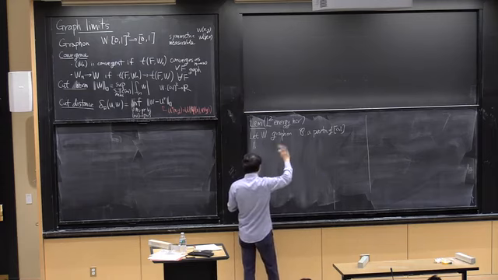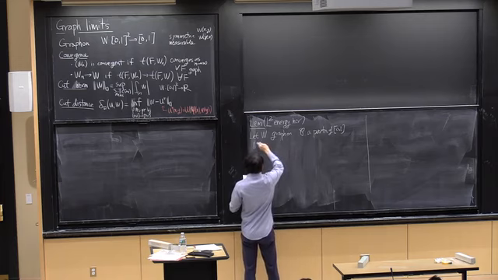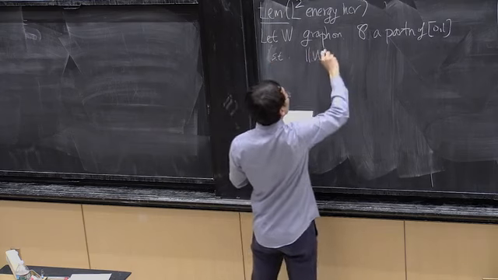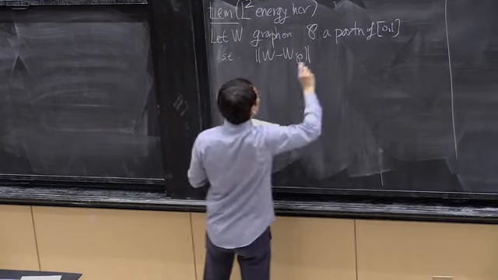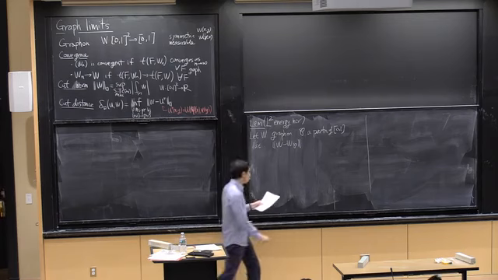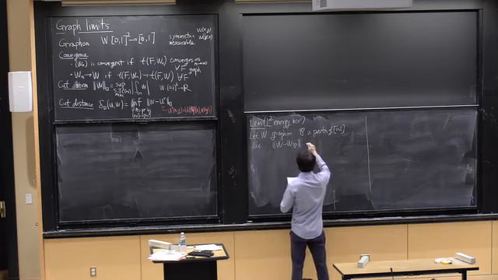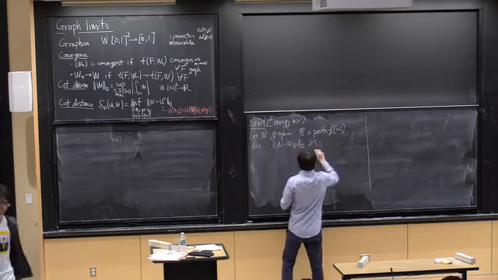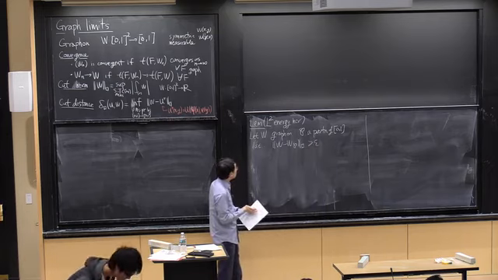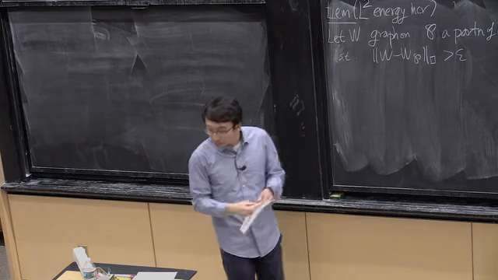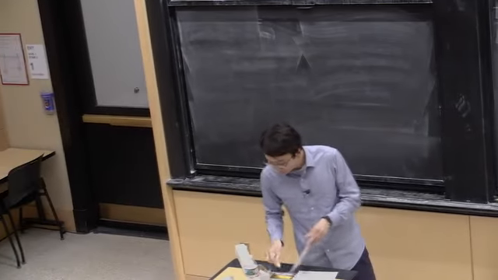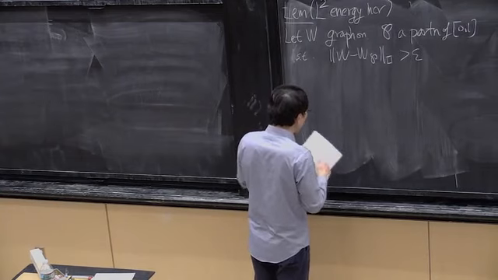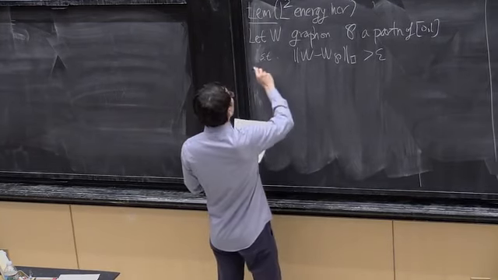I'm not going to even write it, so always measurable pieces, and such that the difference between W and W stepped by P, averaged over steps P, is bigger than epsilon. So this is the notion of being not epsilon regular, right? In the weak sense, not weakly epsilon regular.